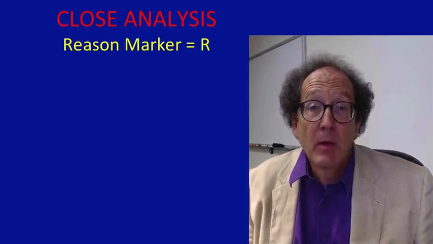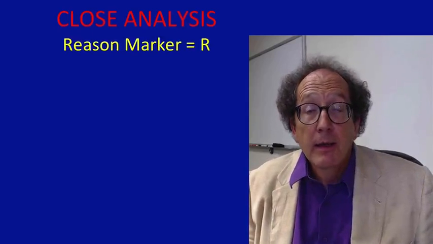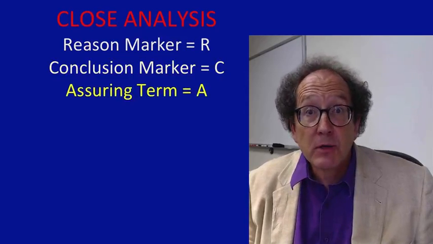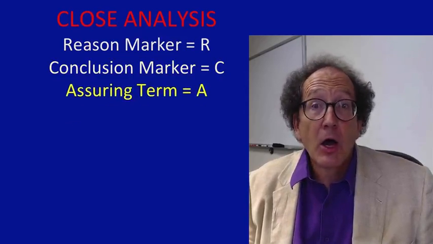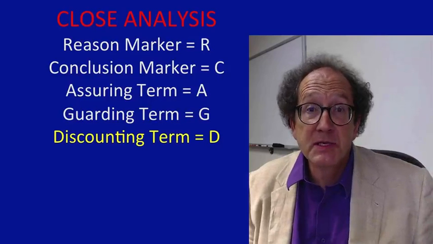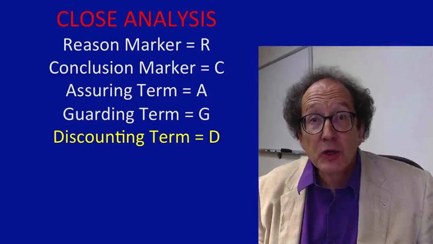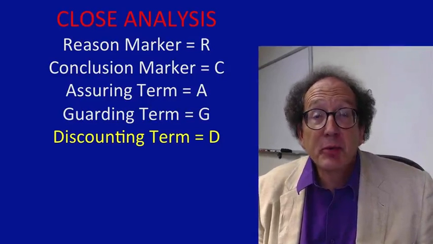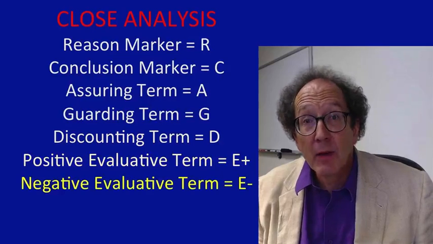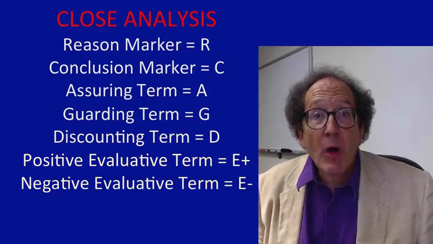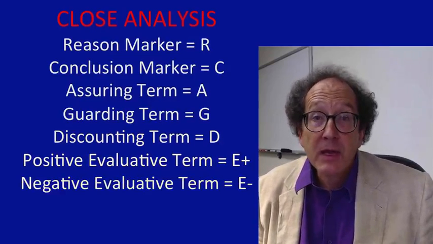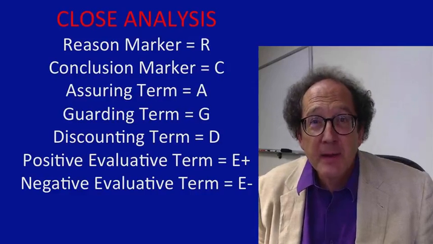So a reason marker you can mark with an R, and a conclusion marker you can mark with a C, an assuring term you mark with an A, a guarding term you mark with G, a discounting term you mark with D, an evaluative term you mark with E, and if it's clear you put a plus or a minus to indicate whether it's positive evaluation or negative evaluation. Now these marks will just be scratching the surface. There's obviously a lot more that you can do and need to do in order to fully understand the passage.